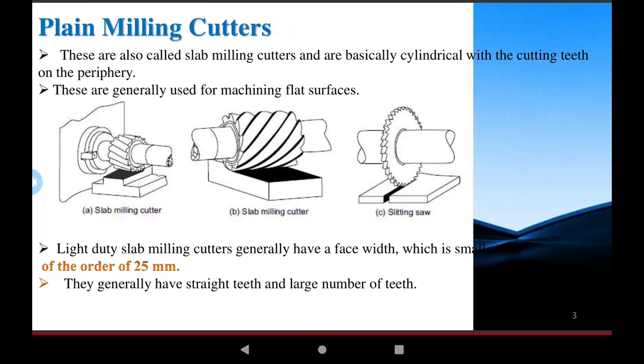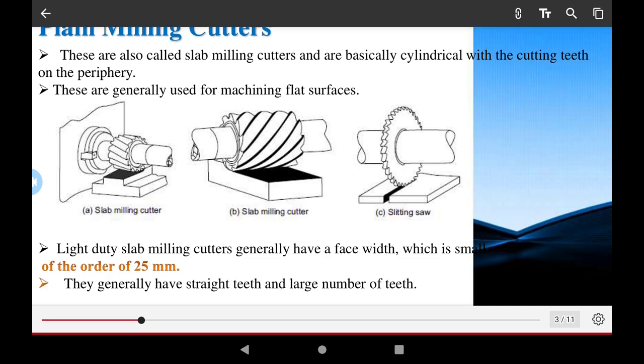This diagram is very important, and you should draw it neatly. This is the slab milling cutter. This is the slab milling cutter, consisting of the face of the head of the machine and the tools.